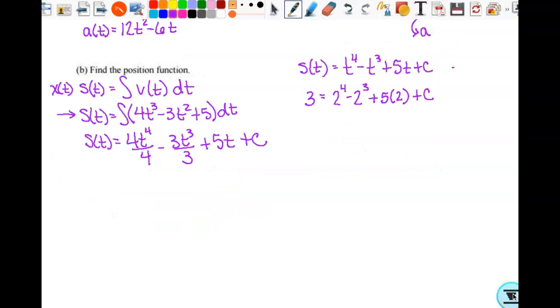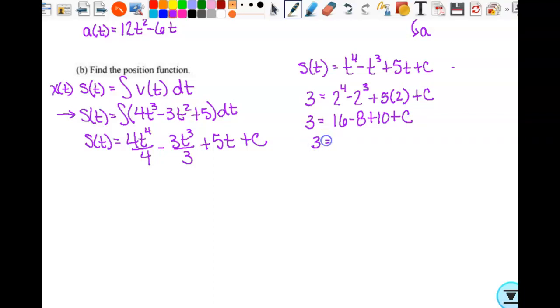Is this a safe stop? No, you have to actually find c, right? So 3 equals 2 times 2 is 4, times 2 is 8, times 2 is 16. So I get 16 minus 8 plus 10 plus c. Okay, so it's 18.